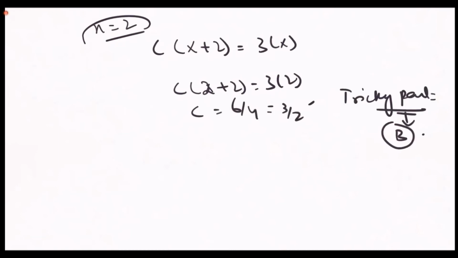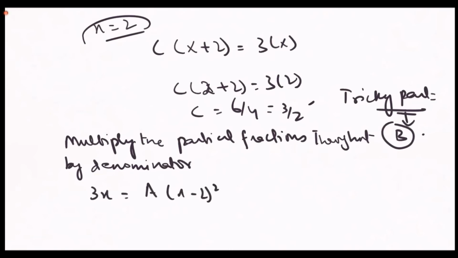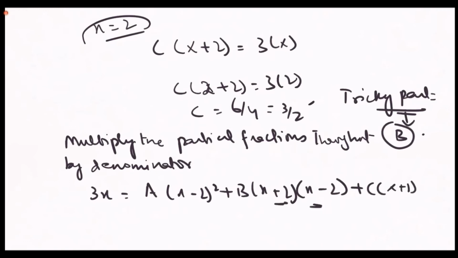In order to find b, we multiply the partial fractions throughout by the denominator. So it would be 3x equals a(x minus 2) square plus b(x plus 2)(x minus 2) plus c(x plus 2). And again, we have to find a number that doesn't make b 0, because we have to find this.